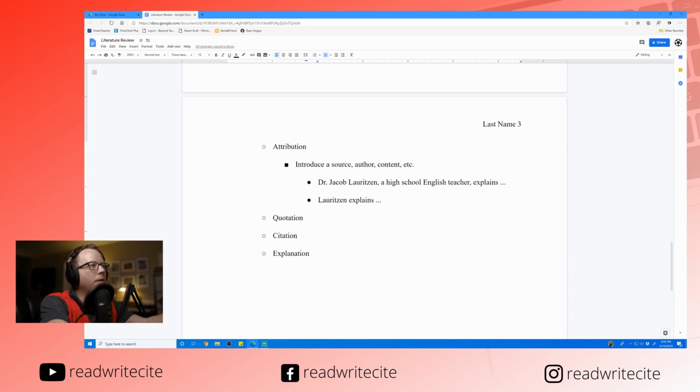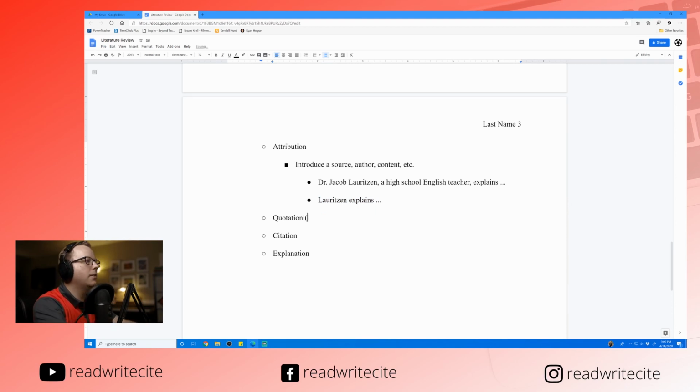You are introducing your source, your author, your content, whatever the reader is about to hear, you're setting it up. Okay, so say it's the first time. You explain who the author is and maybe a little bit about them so that there's some context for the reader. Once you've introduced them the first time, when you go back to add more information, your attribution could just look like this, which just sets up the grammar.